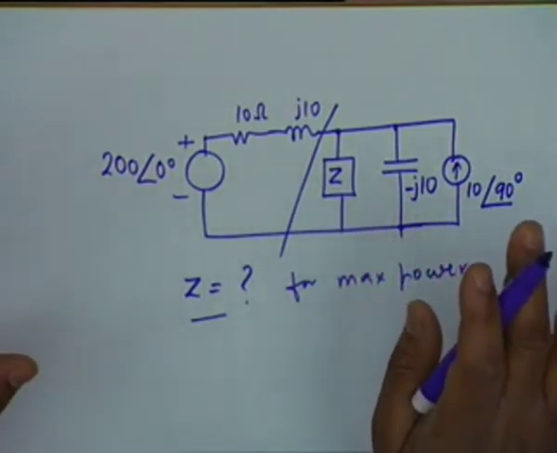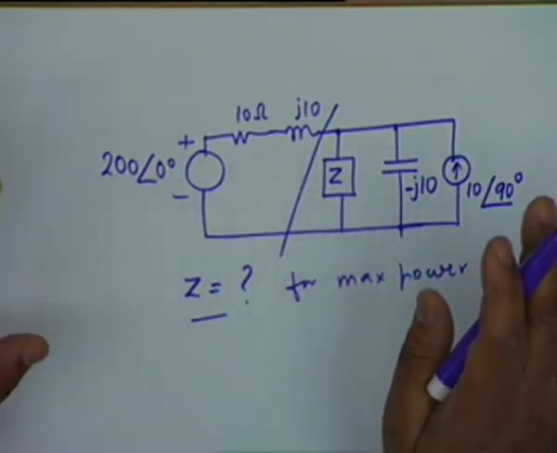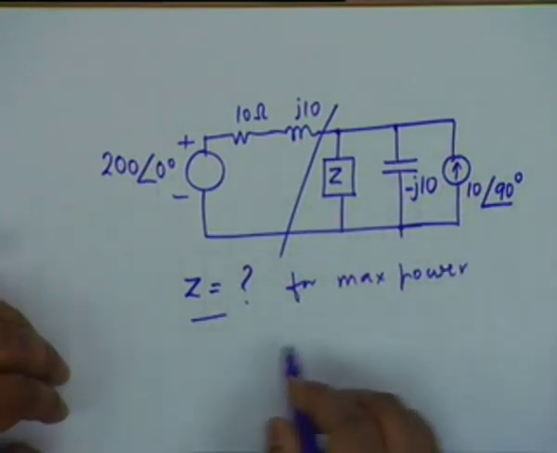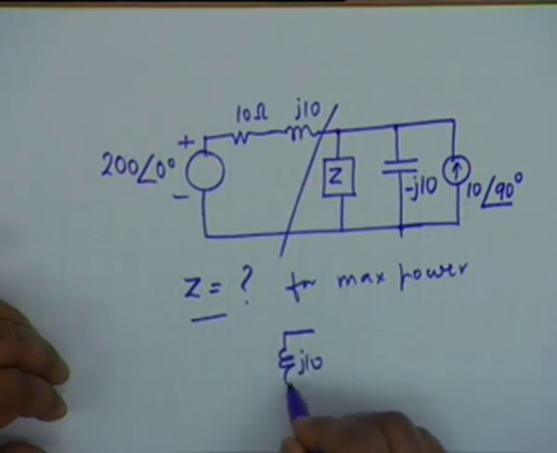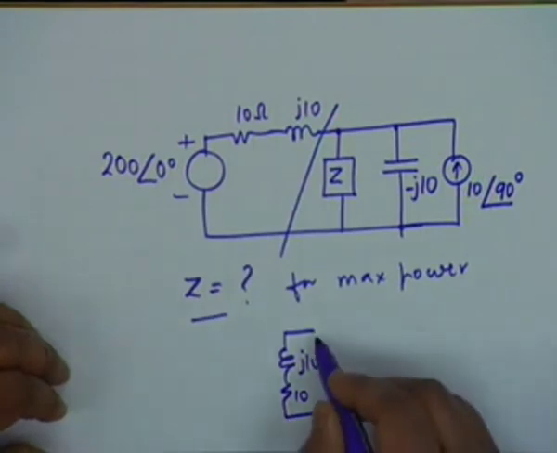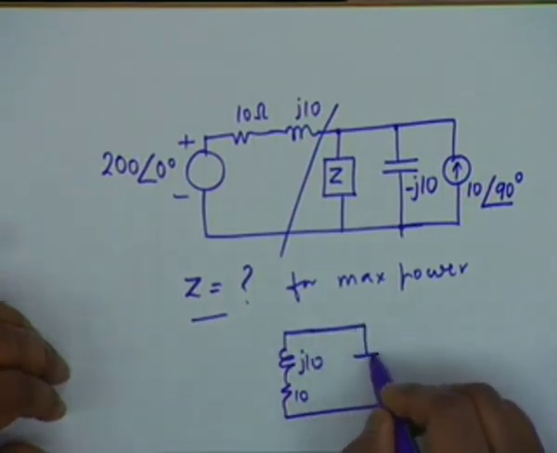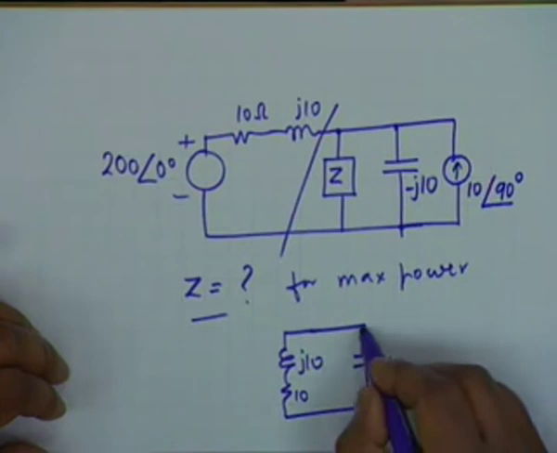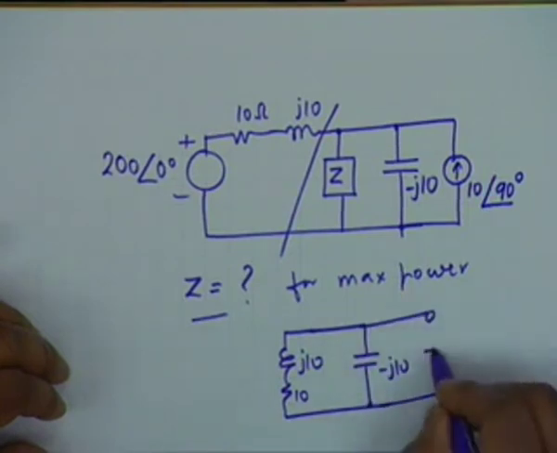All that we require is to find out the Thevenin equivalent impedance, which means, what is this impedance? It is simply j10, then 10 ohm, the source is to be killed, in parallel with minus j10. That's all.